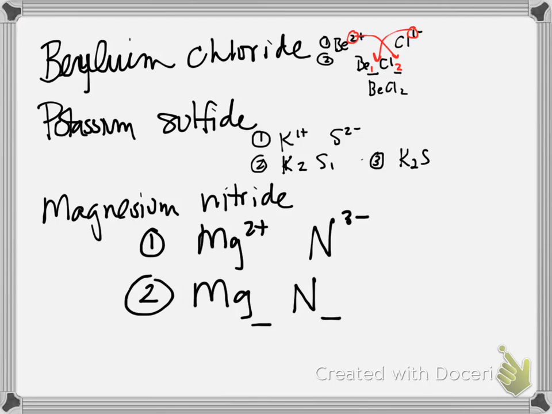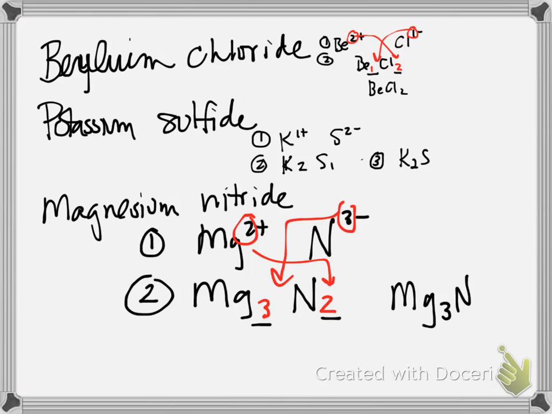When we crisscross our charges, these are actually my favorites. I just like them. I don't know why. So we get Mg3N2. Any simplification possible? Nope. Mg3N2 it is. I love the 3 2s. I don't know why. I just think they look nice.